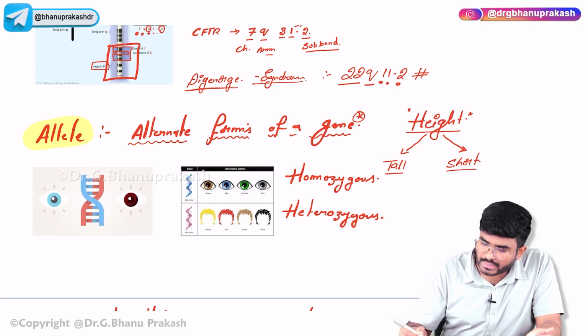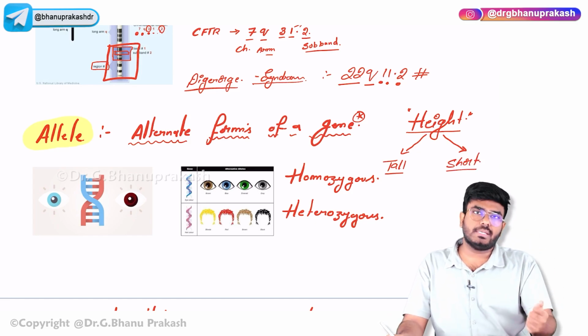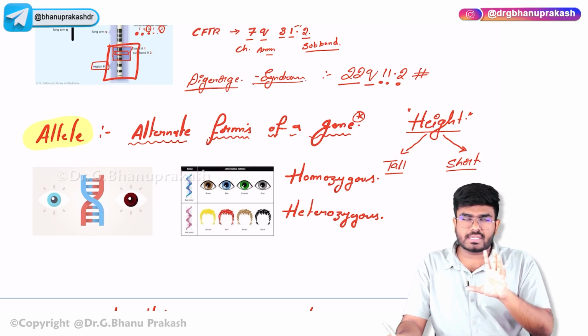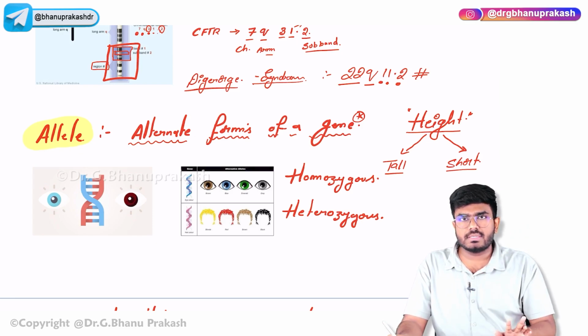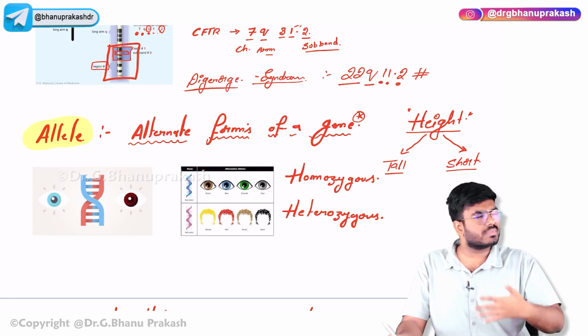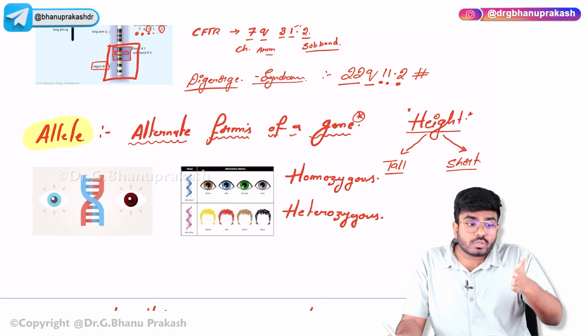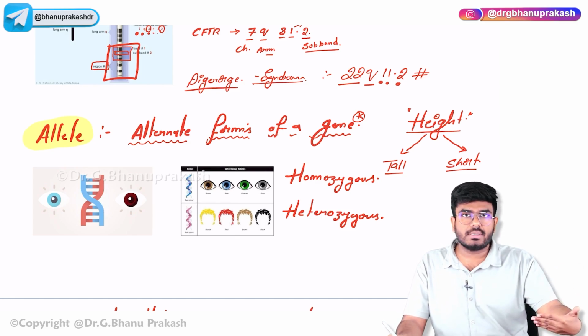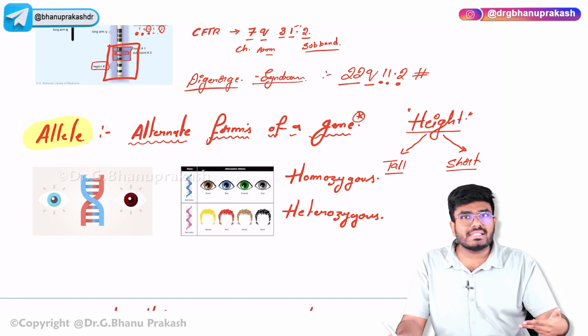Short and tall are the alleles for the height gene. For eye color, it can code for black, green, blue, yellow or other colors. The alternatives of a gene are called alleles.